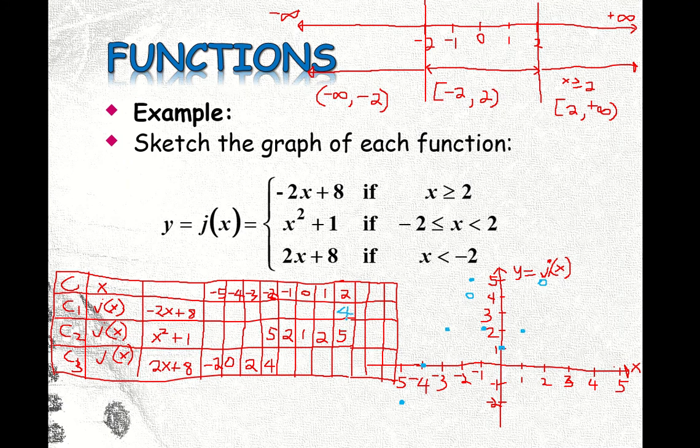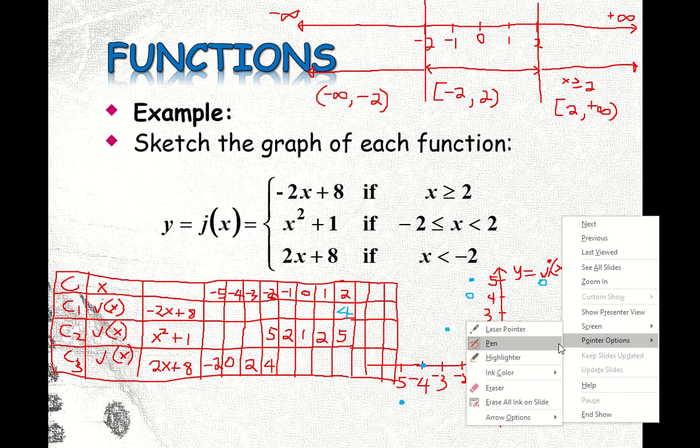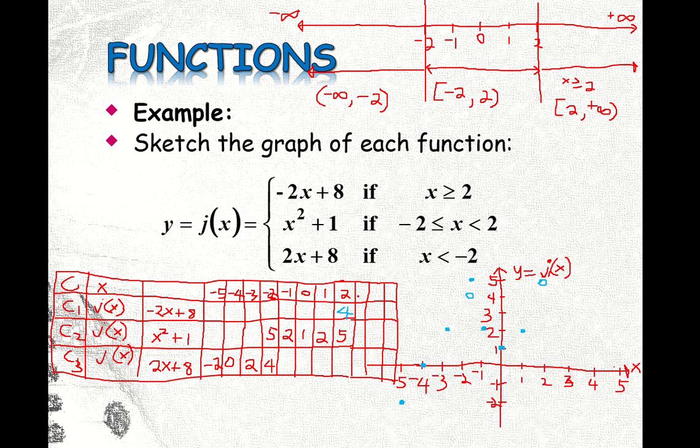Now when x equal to 3, let me go back to red. So again we are now in this interval. So when x equal to 3, negative 2 times 3 is negative 6, plus 8 is 2.